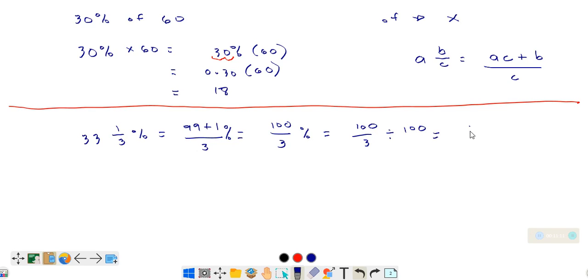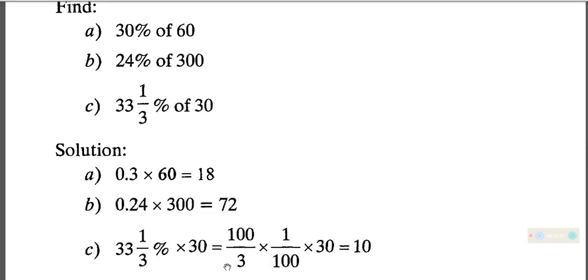Convert na natin ito, 100 over 3% into decimals. Paano natin yun magagawa? So, this is 100 over 3 divided by 100, which is equal to 100 over 3 times 1 over 100.